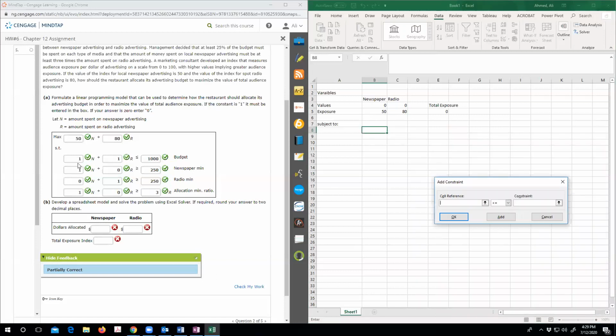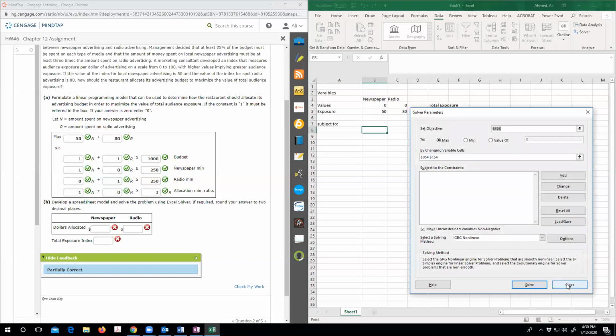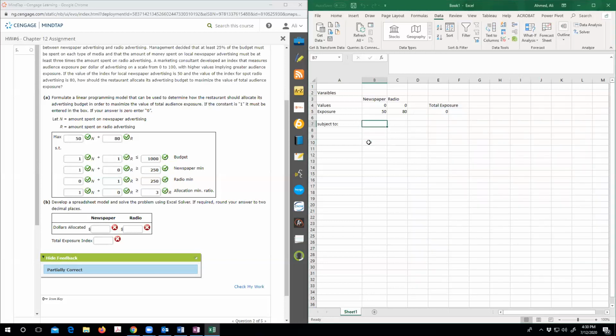The first constraint we have is that n plus r is less than or equal to 1000. All right, the first constraint we cannot even put directly, so I'm making one more column here, constraint number 1, the sum of this one.